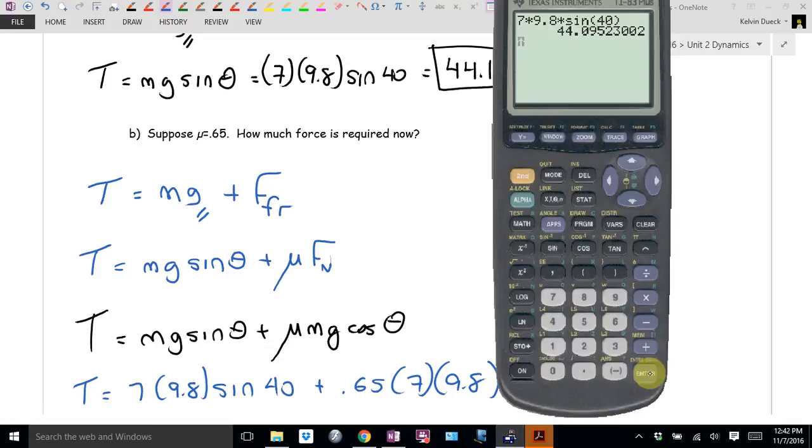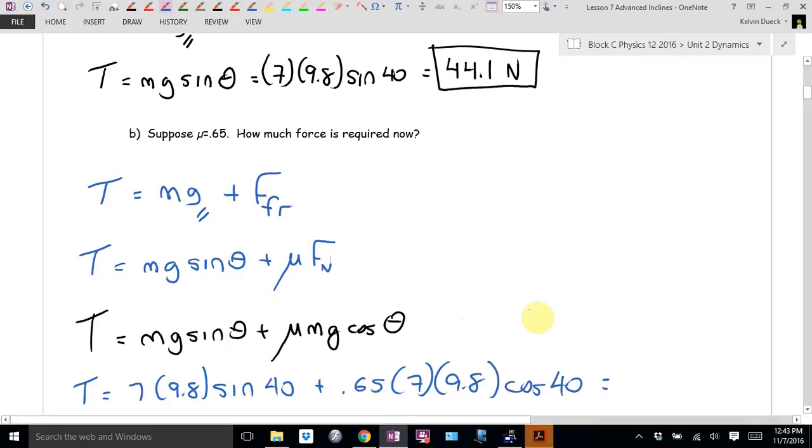I think if I backspace, I already have 7 times 9.8 times sine 40 plus, not minus because they're both in the same direction, 0.65 times 7 times 9.8 cos 40. 78.3? Double check me. Yeah.